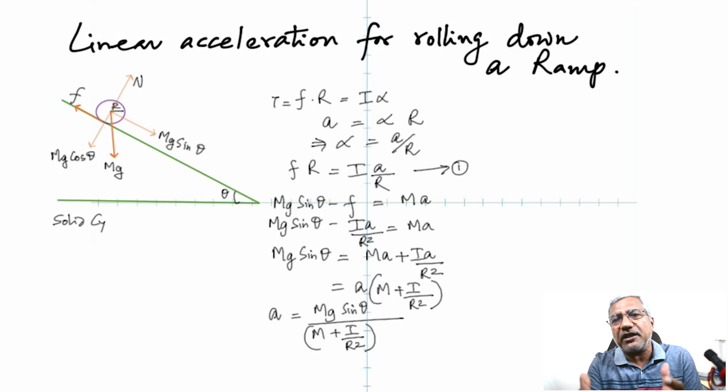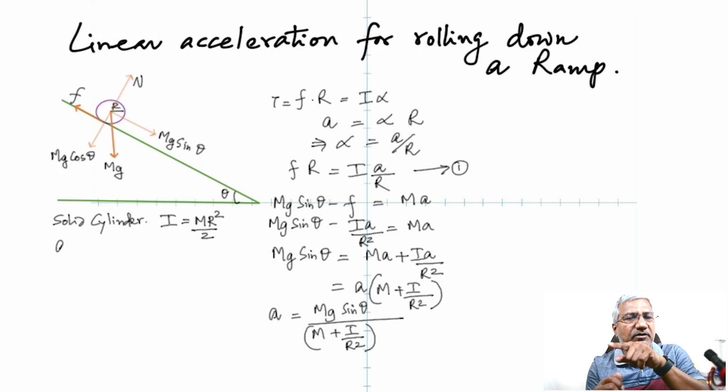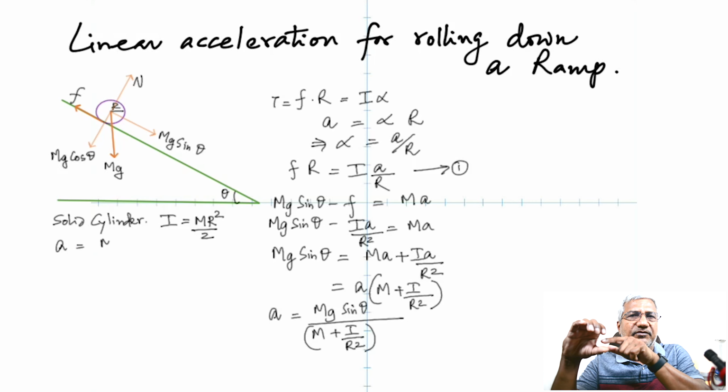If it's a disk, on the other hand, it's m r squared by 2. If it's a very thin ring, it's m r squared. So here I'm considering a solid cylinder. A solid cylinder is actually a disk, because of the way it's rotating, the axis of rotation is the axis of the cylinder.